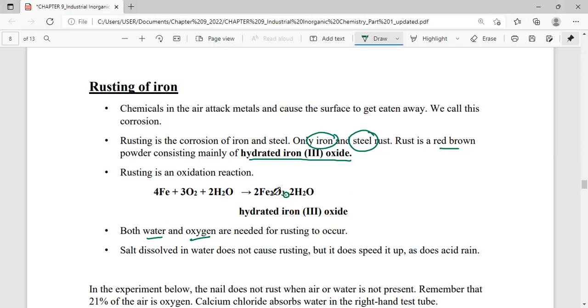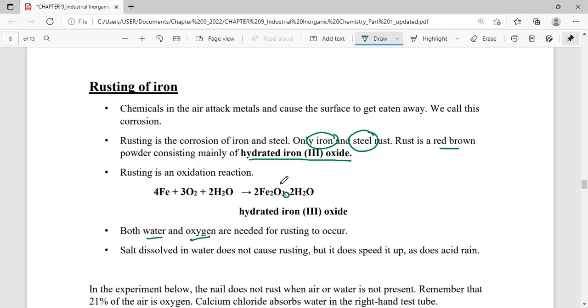Okay, so what you need to know here is that rusting is a chemical reaction, and rust is hydrated iron(III) oxide. Now, is rusting a slow process or a fast process? Slow process.